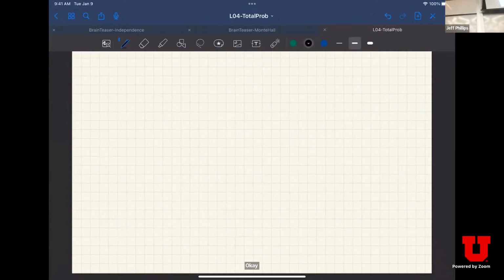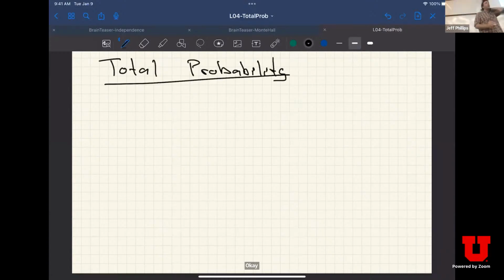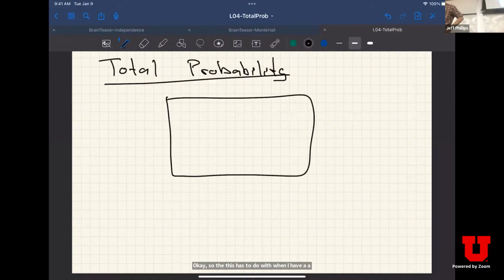So, total probability. Okay, so this has to do with when I have a large sample space, right? And I'm going to partition this sample space into some sets, into some regions.